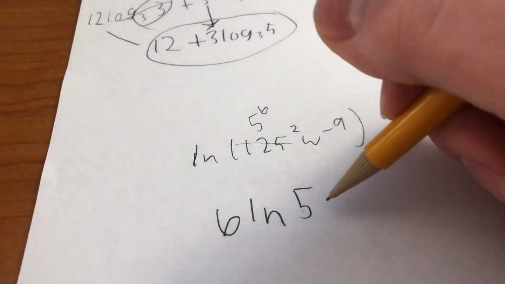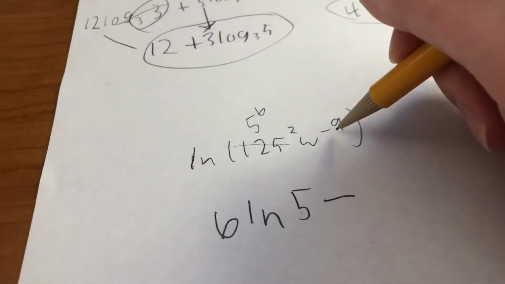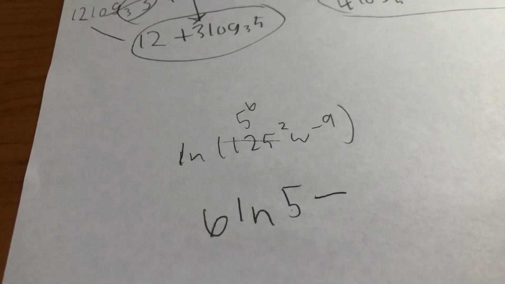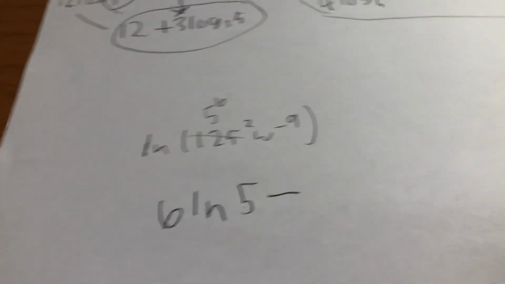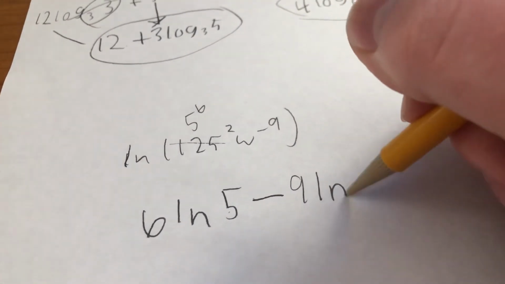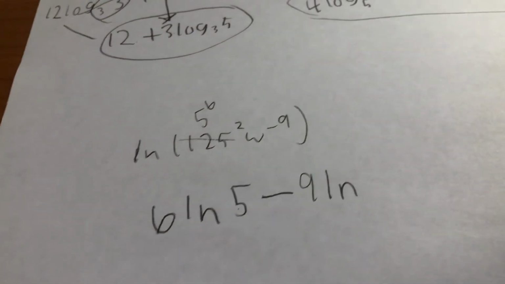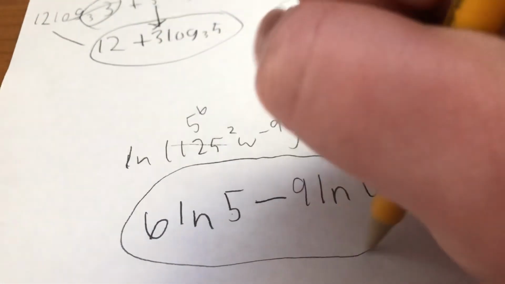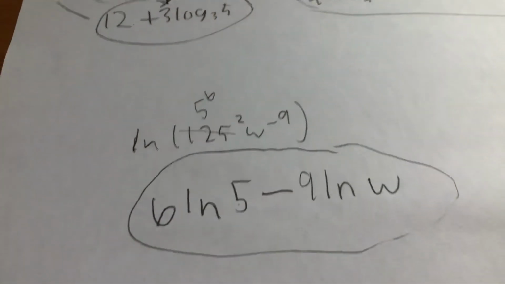And then minus, because we can see here that it's a minus, and up on the 9, it's negative. So it's going to be minus 9, and then the natural log, and then the W. And now that is our final answer.